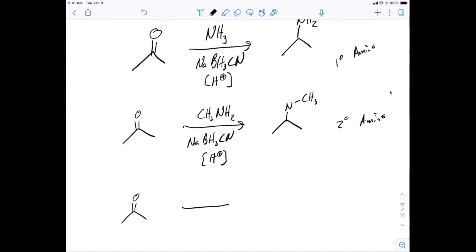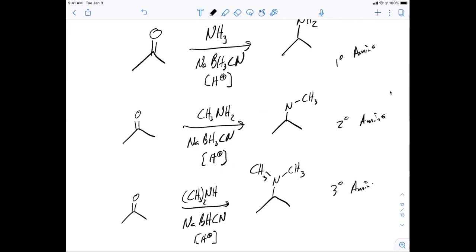And I could take that and react it with a secondary amine. Again, same reactions with the cyanoborohydride, to get the tertiary amine. So this one's nice because it gives me several ways to form those products.